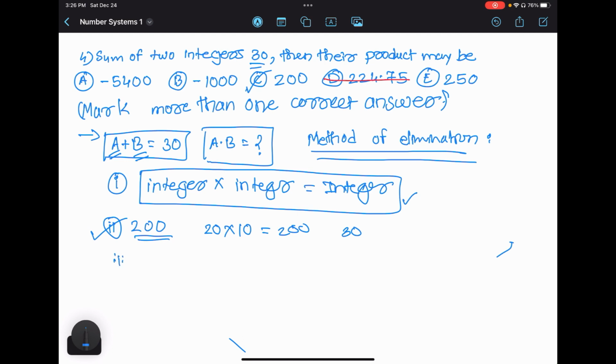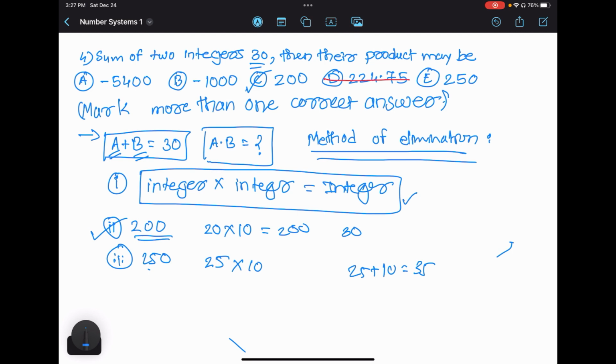Let's take the next option, which is 250. How can I make 250? There are so many ways to make 250 as a multiplication. The easiest is 25 multiplied by 10. But when we do the addition, 25 plus 10, it becomes 35. So that will not be an answer, and I will reject that for now.